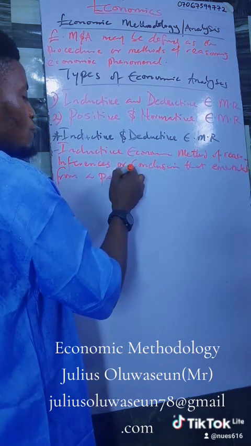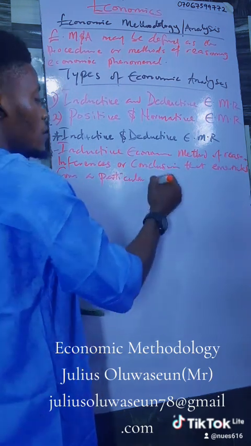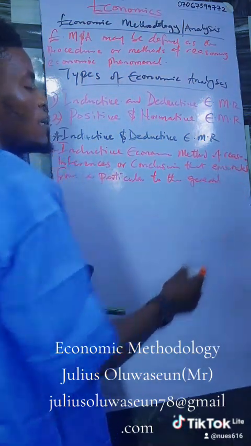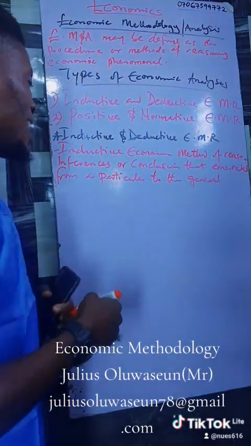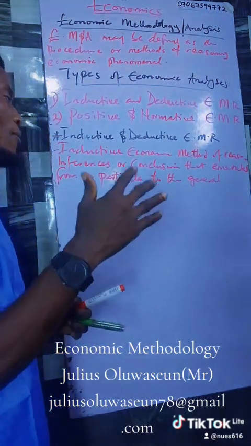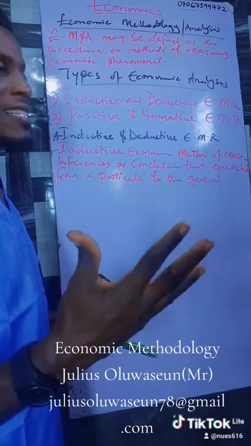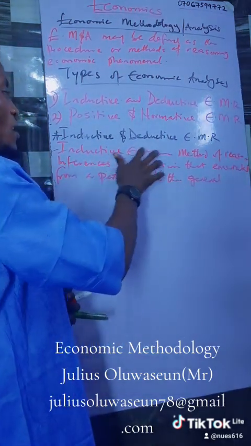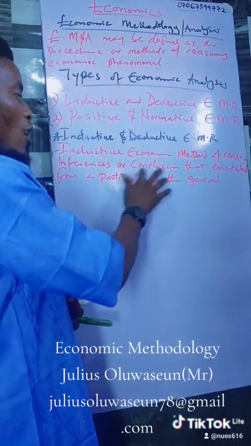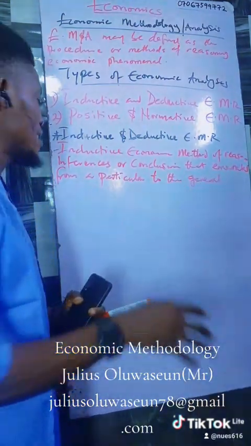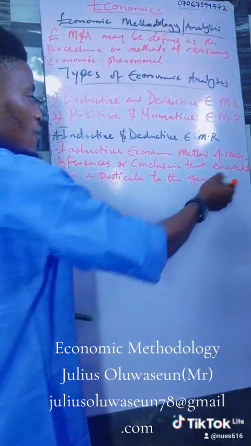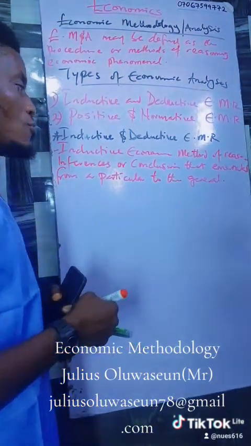When I mention particular, I'm referring to a single person, to the general. Okay, there is a kind of assumption that an individual person perceives that it is right, which the general public now accepts that it is right. That is called inductive economic method of reasoning. A kind of inference or conclusion that emanated from a single person to the general public. Am I communicating? So that is it.